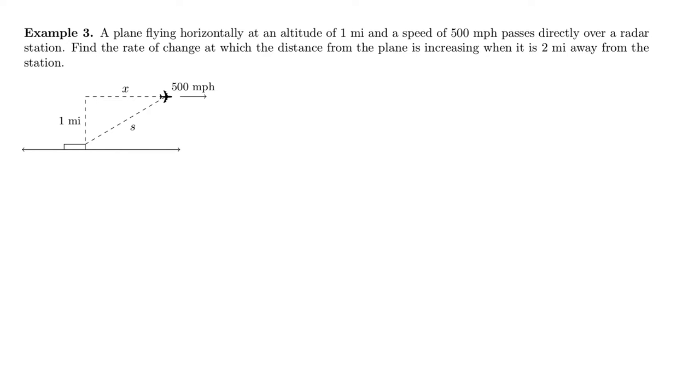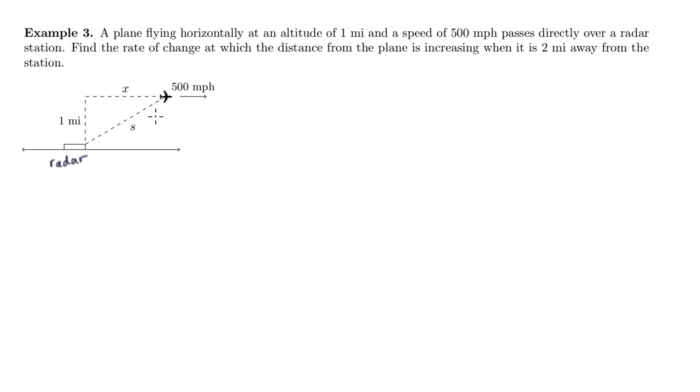Okay, so we have another problem here about a plane, and I'll give you a minute to read it. Okay, so we have this plane, and we have a radar station. So here's the radar station down here. And then hopefully you can tell this is a plane.